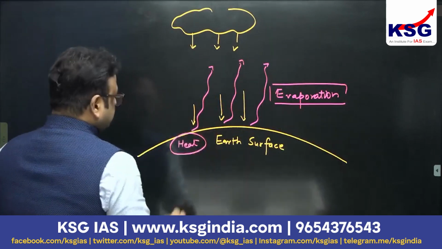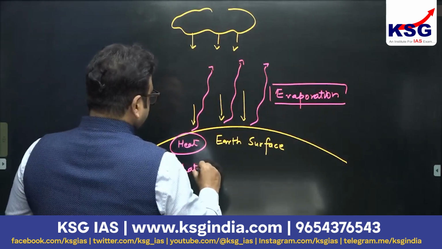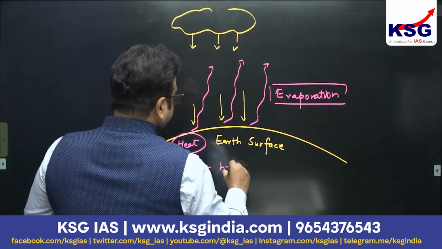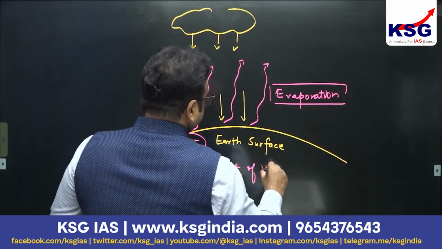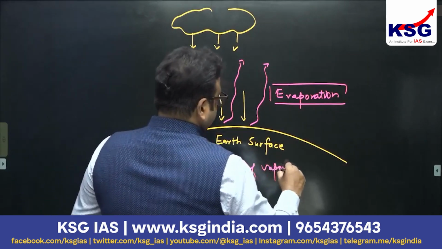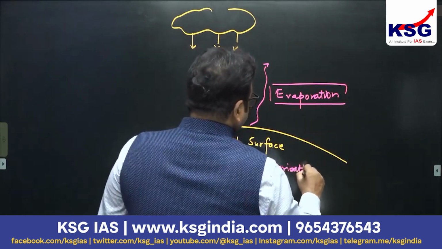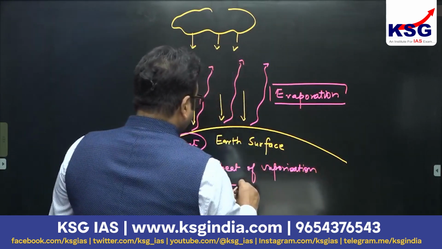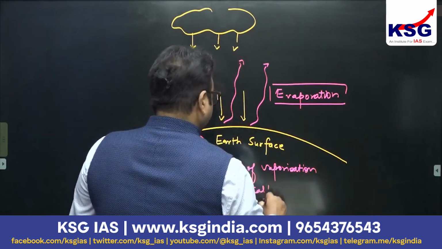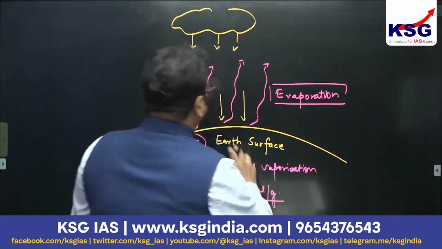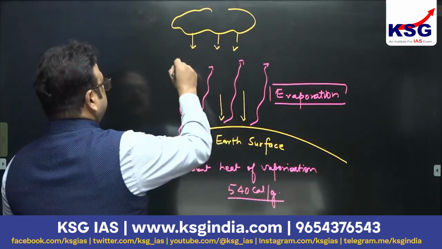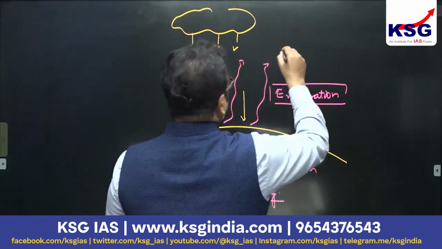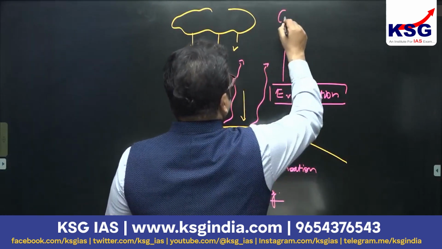And what is that heat? Latent heat of vaporization, 540 calorie per gram. This heat was absorbed by the water molecule, and again it goes up, gets cooled, further condensation.